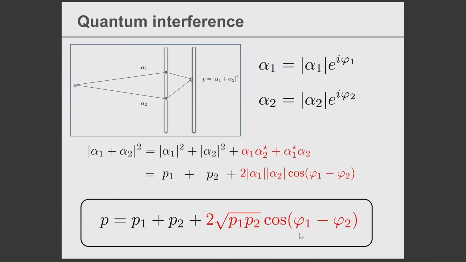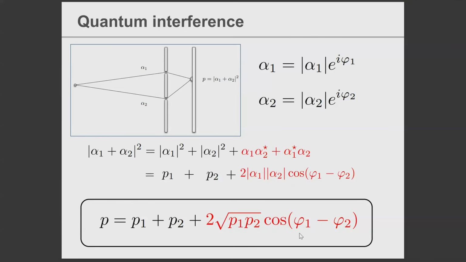And there are two things that are interesting about this interference term, as we call it. First one is that it could be positive or negative, right? So as compared to classical probability theory, this quantum addition allows you to decrease probability or increase it.